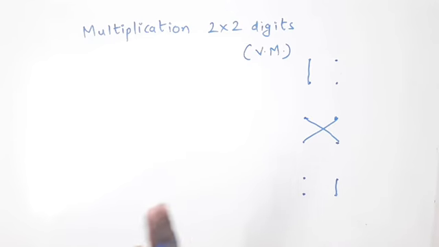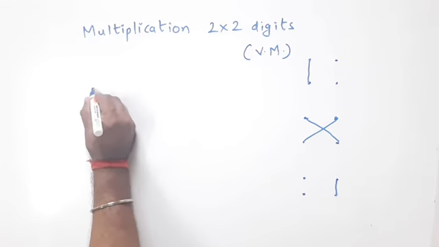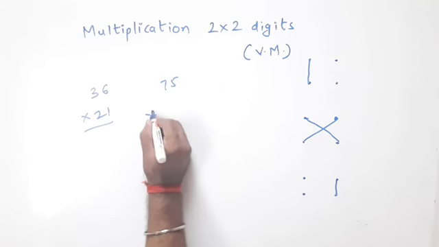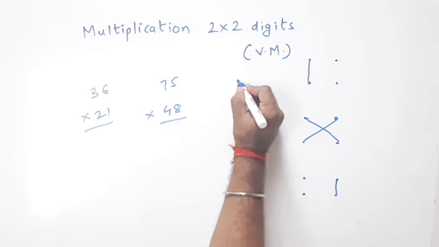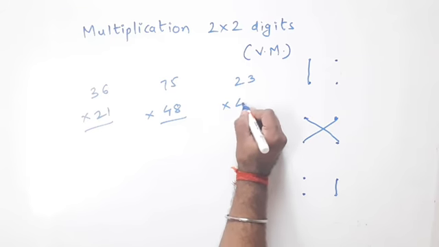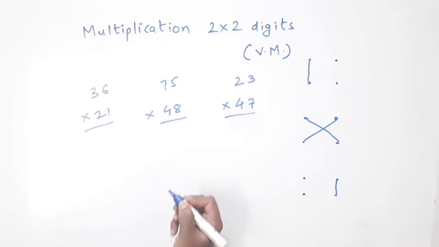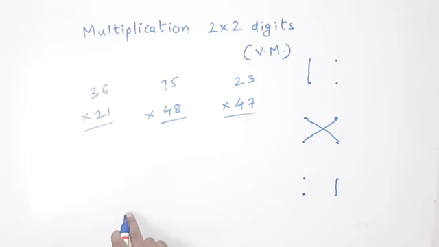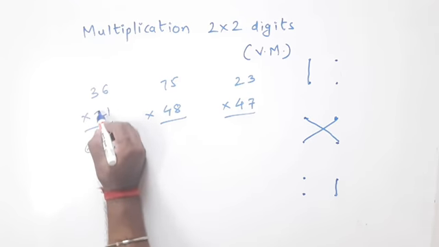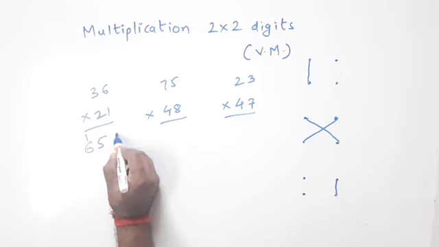Now students, we'll be doing this little more quickly so that you can get an idea that once you practice this for a week, how quickly you can do 2 into 2 digits multiplication. So this time we'll be doing far more quickly. Let us take 36, 21, 75, 48, 23, 47. Then afterwards I'll take, let us say, this is 6 3 12 15 6.